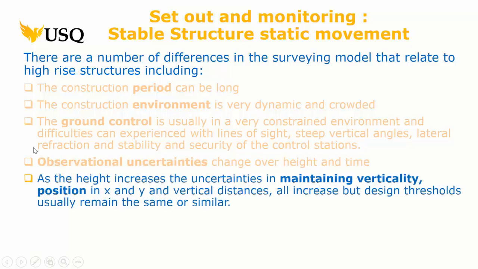Okay, so obviously as it gets higher, the difficulties of maintaining verticality in X and Y, and vertical distances, which is really the Z, all increase, but the design thresholds still remain the same. So it's a bit of an oddity in a sense, that as you get further away from the action, your survey becomes less precise, but the engineering design is exactly the same.